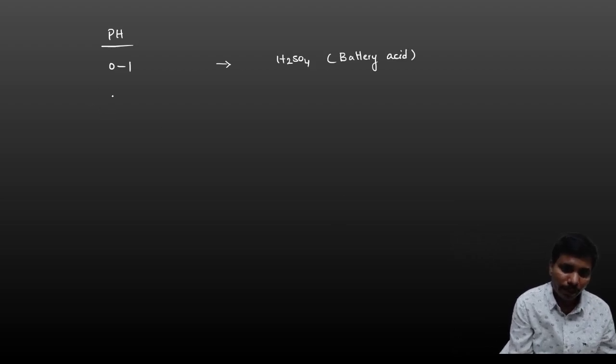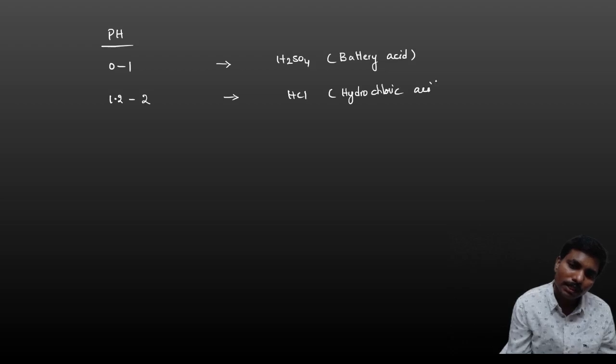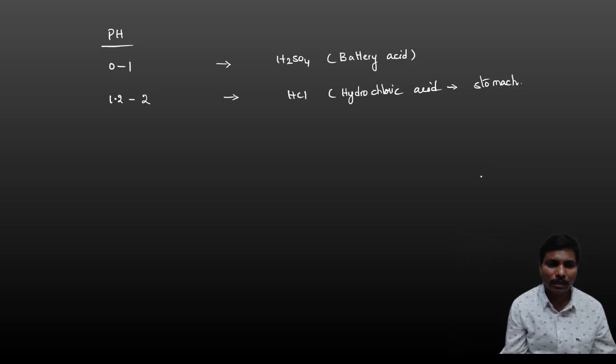Okay. If the pH is nearly 1.2 to 2, that is HCl, hydrochloric acid. What is the other name? That is stomach acid, the acid present in our stomach. That pH value is 1.2 to 2.